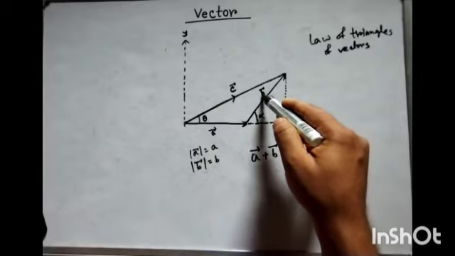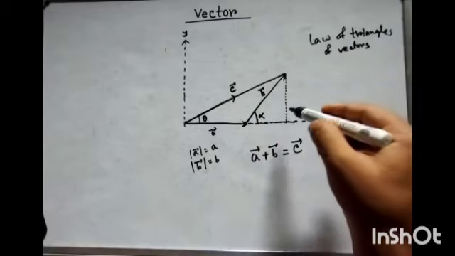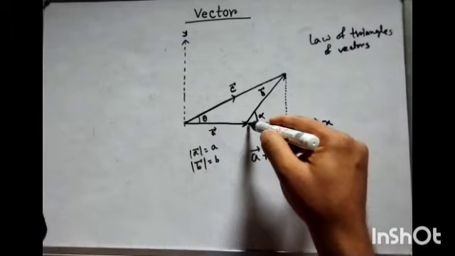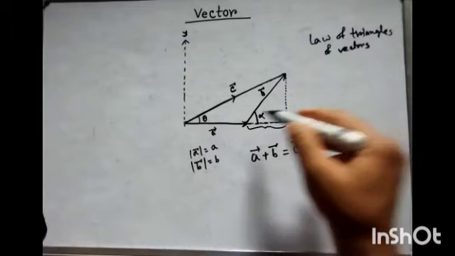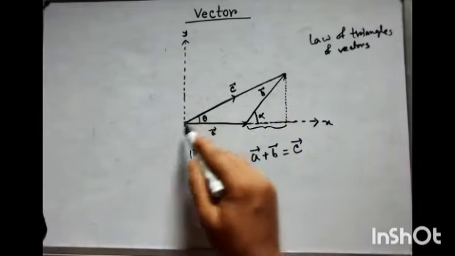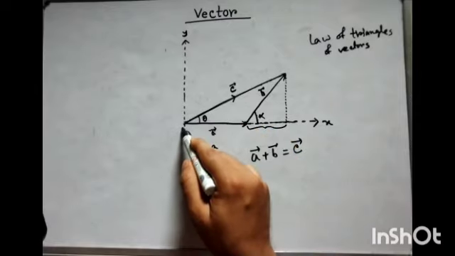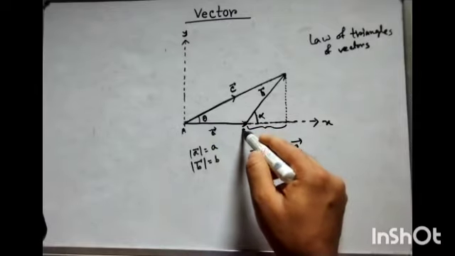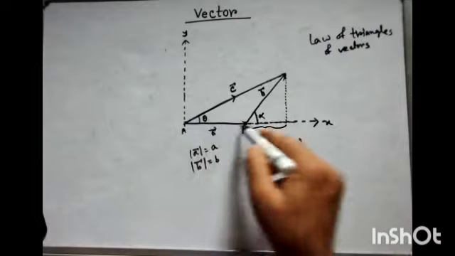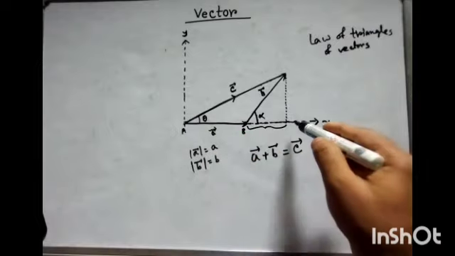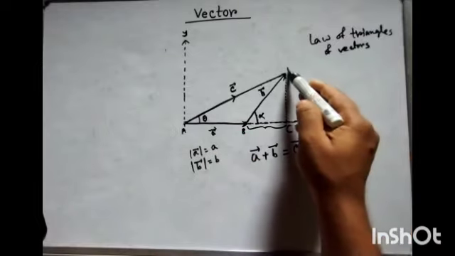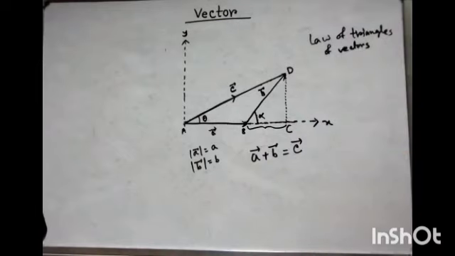So if this is B vector, and this magnitude is A, suppose this is point A and it is point B, so from A to B this is A, suppose this point is C, this point is D.